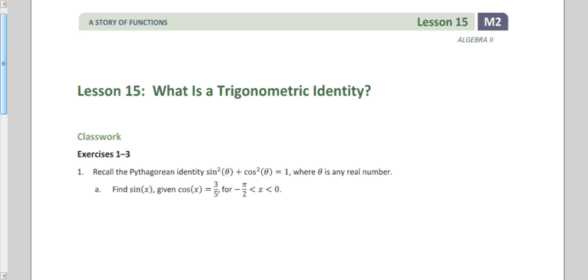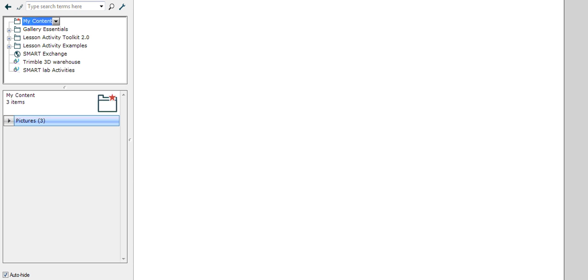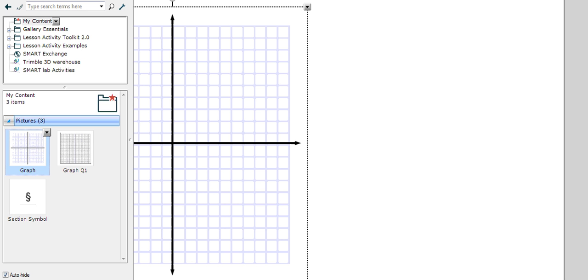We're going to show that to you by drawing a unit circle. So first of all, I need my pictures. I don't want a dot there. I want a circle right there.